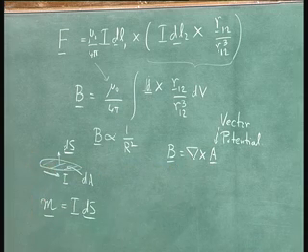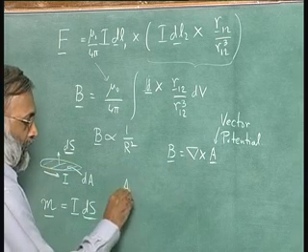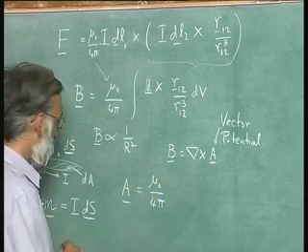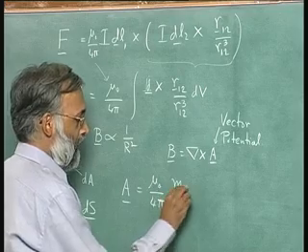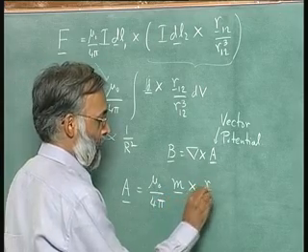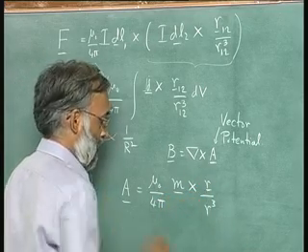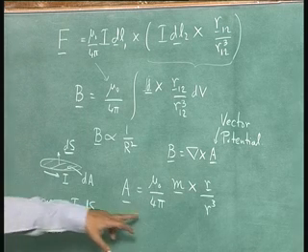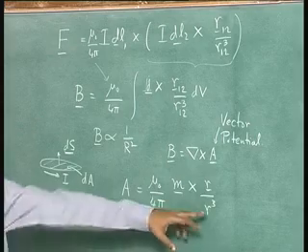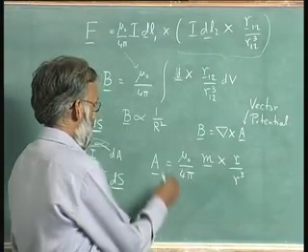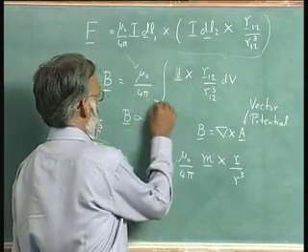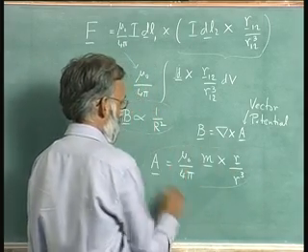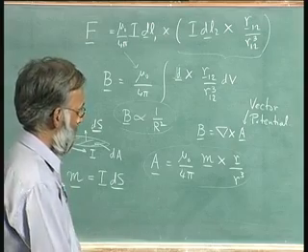And for this small loop, if you work out what the vector potential is, you find that A is equal to mu naught over 4 pi, m cross r over r cubed. Now, this is surprising, or it is surprising if you do not think about it, because here magnetic field is going like 1 over r squared, here vector potential itself is going like 1 over r squared.